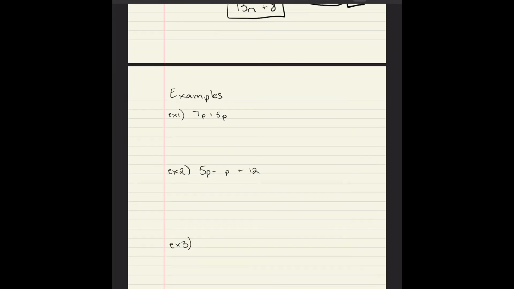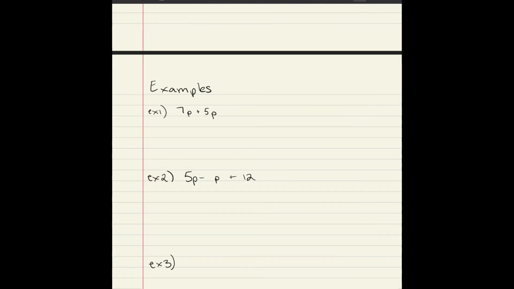All right, let's look at our examples. We have 7p plus 5p. We need to circle the like terms, 7p and plus 5p. I'm including the plus so I know what to do. I'll rewrite that as 7p plus 5p, which gives me 12p.